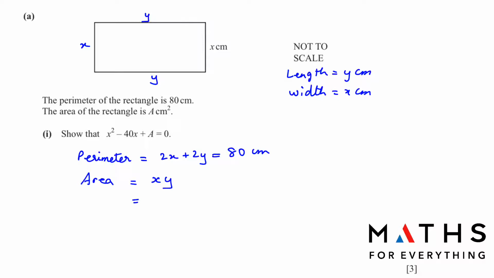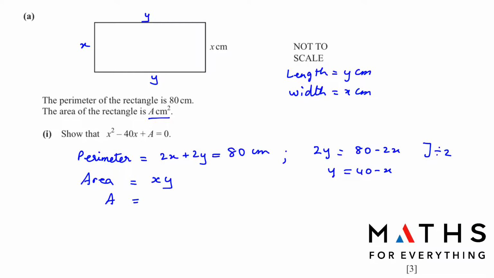We have to make y the subject here and replace it in this equation. How can we do that? 2y is equal to 80 minus 2x. You can see that everything can be divided by 2. When we do that, we'll have y is equal to 40 minus x. Now area is a square centimeters.